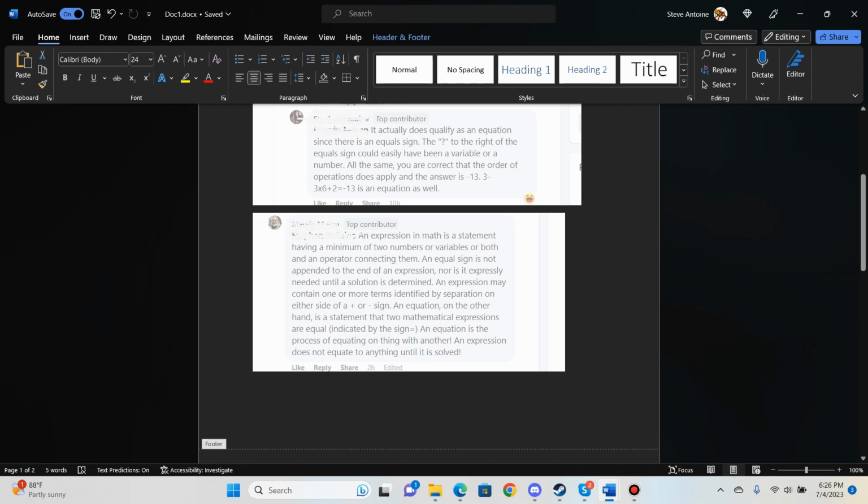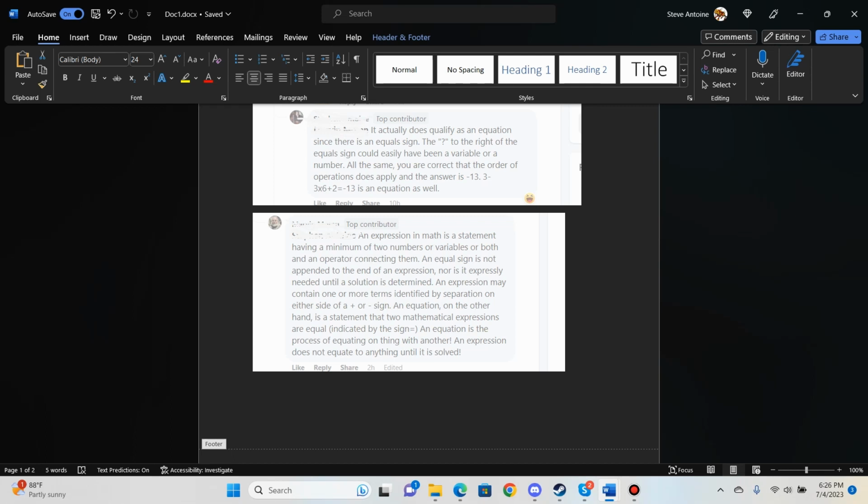Now here, this next sentence, he's copying and pasting this too: an equal sign is not appended to the end of an expression. Yes, that's correct. Nor is it expressly needed until a solution is determined. That's all correct. That is an expression. But he's arguing with me over this, and he's actually pasting the correct information. So I'm not sure where his disconnect is.